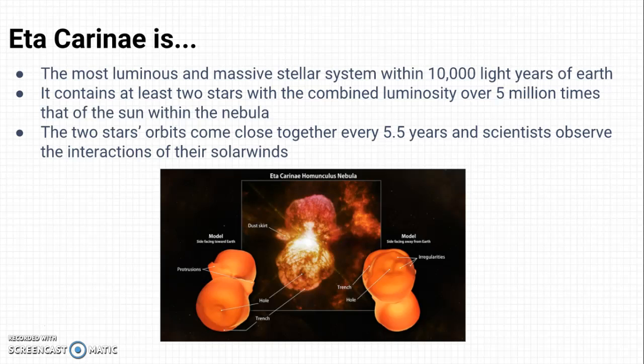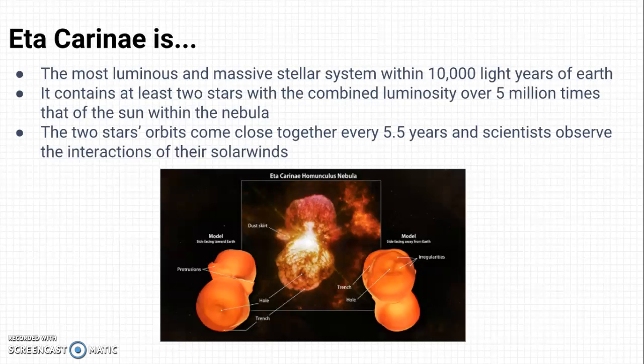Eta Carina is a homunculus nebula, and it is the most luminous, massive stellar system within 10,000 light-years of Earth. It contains at least 2 stars with a combined luminosity of over 5 million times that of the Sun. The 2 stars that are orbiting each other within Eta Carina come close together about every 5.5 years.